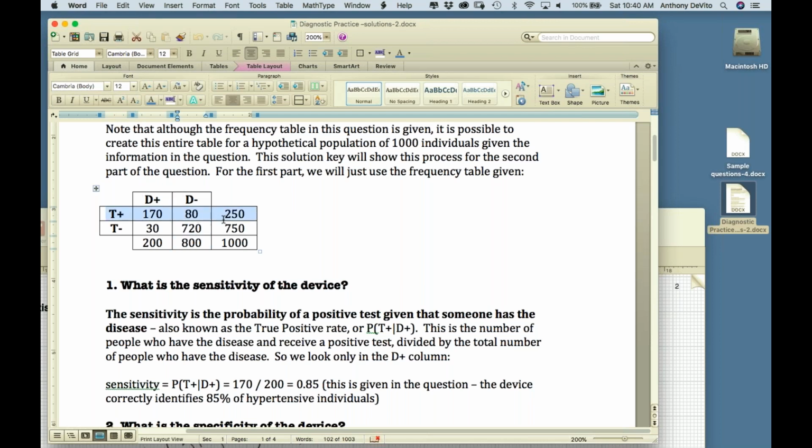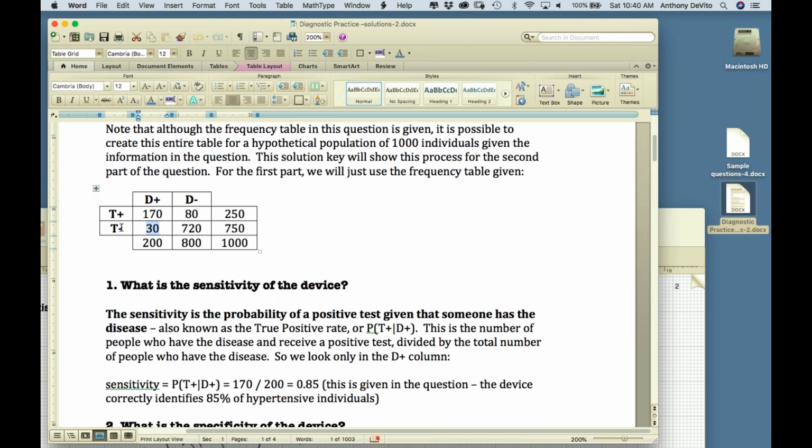And everybody in this row tested positive, everybody in this row tested negative. So this means you tested positive and you have the disease, true positive. This means you tested negative and you don't have the disease, that's true negative. So these others are false. This one, let's think about it now. Was the test positive or negative?